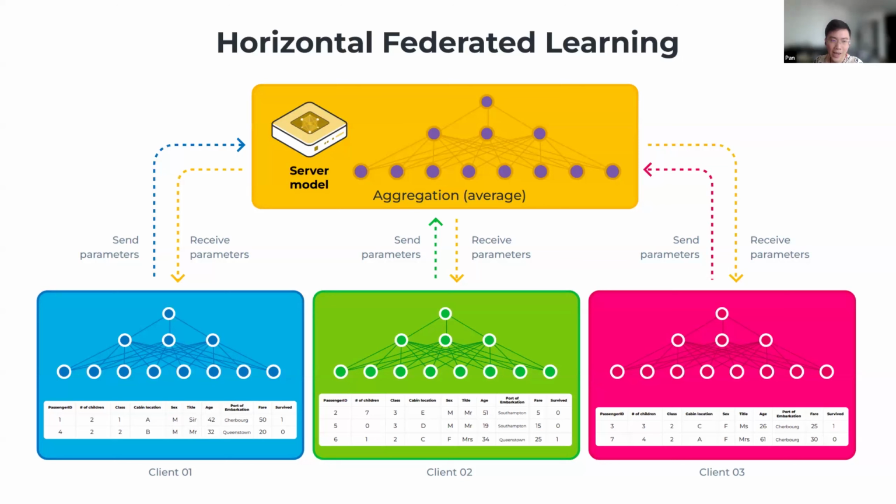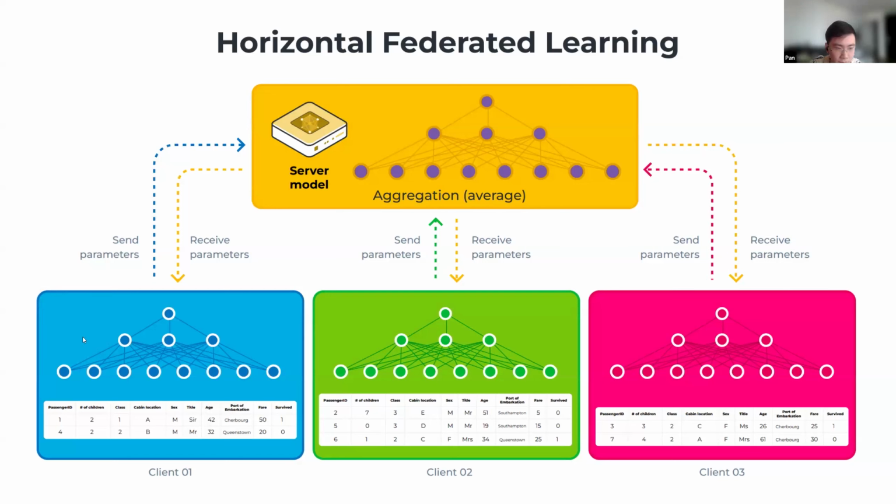Here we assume that data is partitioned on the sample level, or in the sample space, which means that although different clients have different data, each single data point, each data sample, will have exactly the same features.